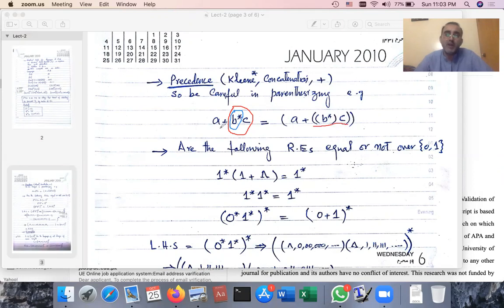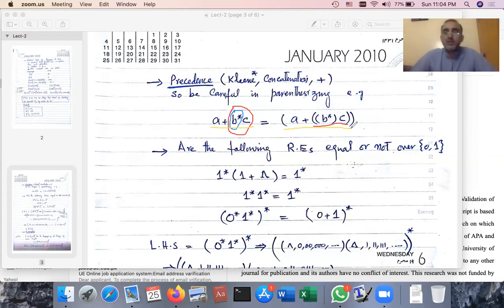And finally, you have to execute this plus. Maybe I can use some other color. Finally, I have to execute this one. That's why you can see the result of this one union a, and then we have a parenthesis over this whole expression.